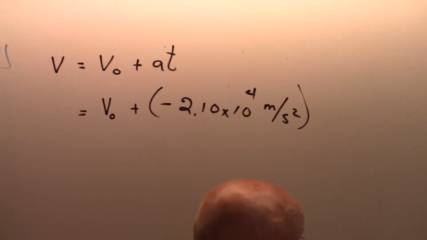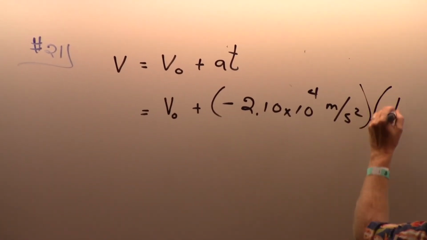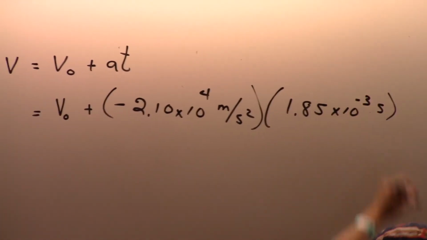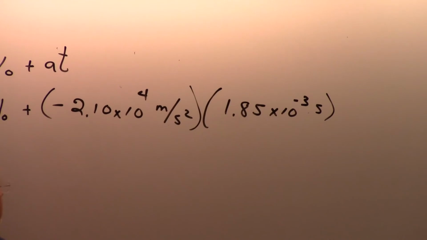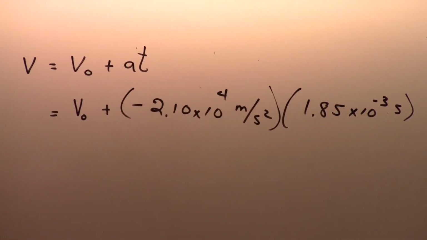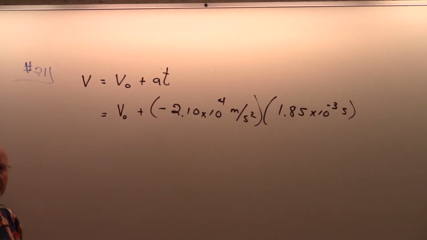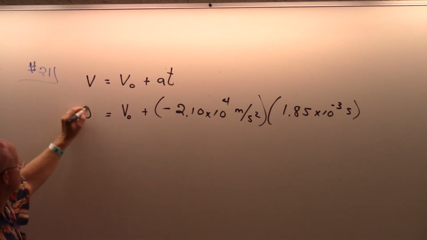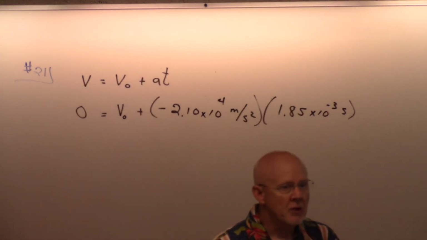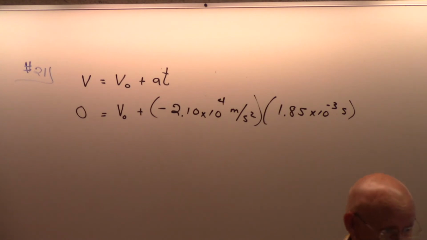They did tell us the elapsed time. They tell us it is 1.85 milliseconds. And another kind of hard one, I don't think it's as hard as that negative, but also kind of hard in here, is what's the final speed? 0. And so let me take this as a moment to emphasize that to do physics well, you got to have that physical picture.